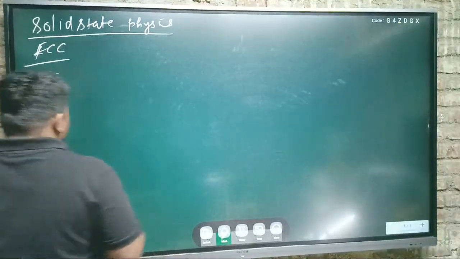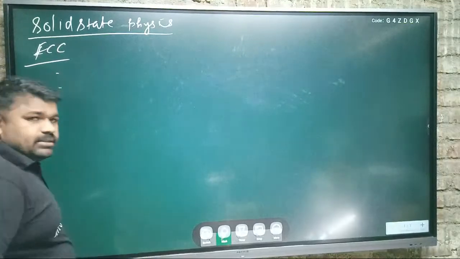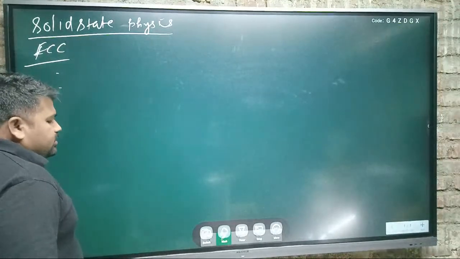Solid state physics, FCC structure. Okay, you know that. What is the FCC structure? Total coordinates. Nearest neighbor.